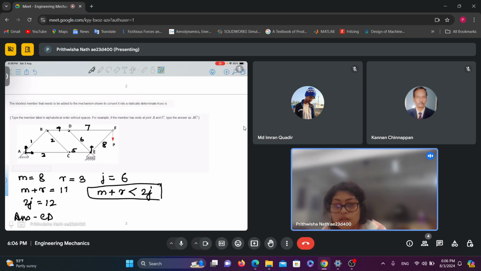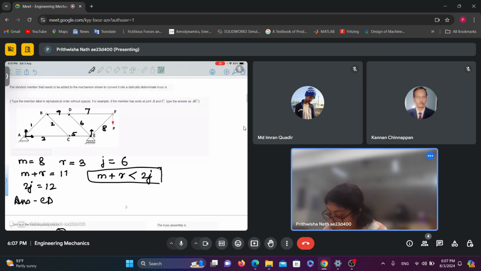The total number of joints are 6. So M plus R is less than 2J. So it is a mechanism as mentioned in the question. Now, where should we add the member? So it is definitely between point C and D.